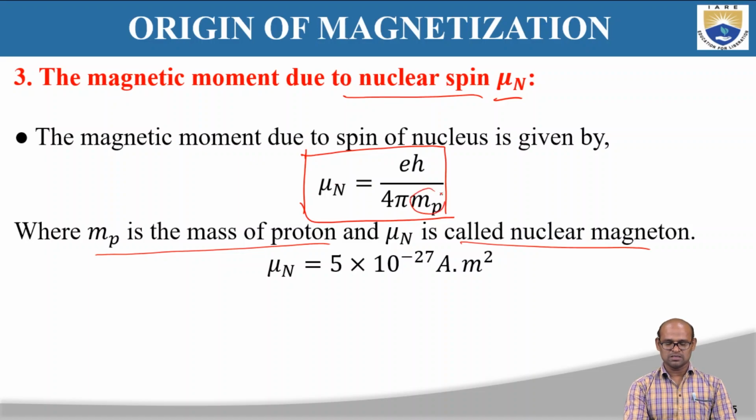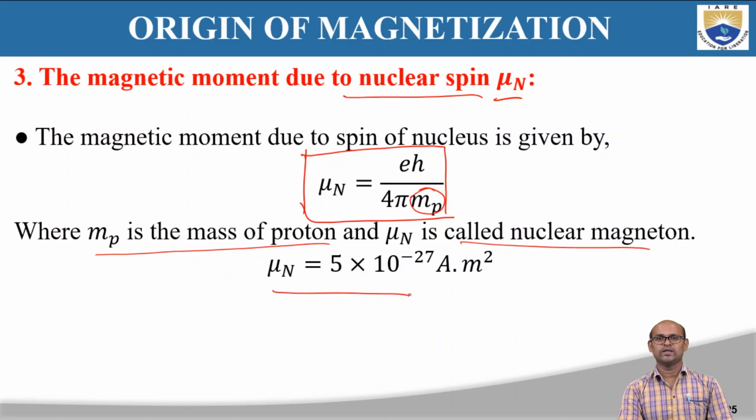Here the magnetic moment is coming from the nucleus, and that is why in place of m we are using the mass of the proton. When we discussed the magnetic dipole moment coming from the electron, we called mu B the Bohr magneton, and here, for the magnetic dipole moment coming from the nuclear spin, we denote it by mu n and call it the nuclear magneton.